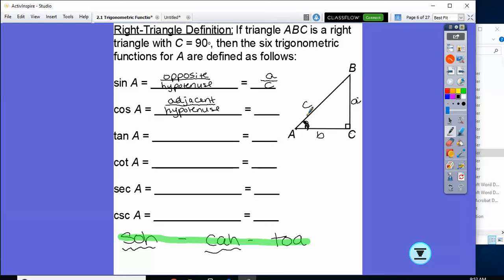So the hypotenuse is always across from the right angle, so my adjacent side here is just B over hypotenuse, which is C. Tangent, TOA. Tangent is opposite over adjacent.